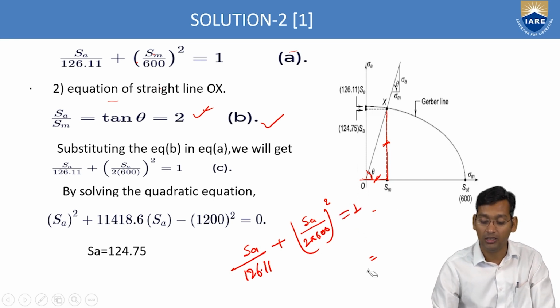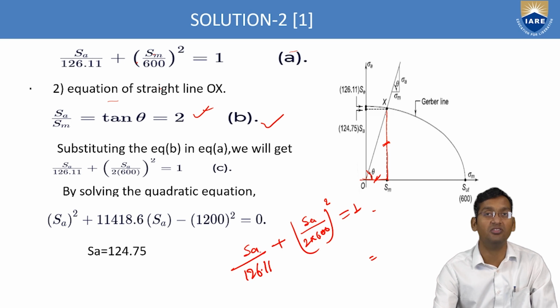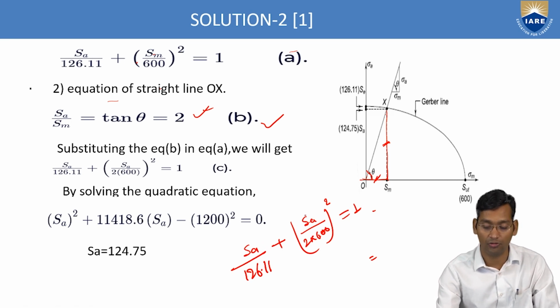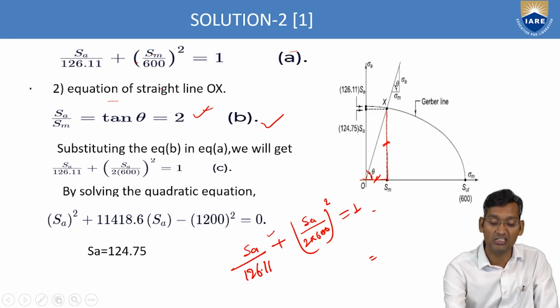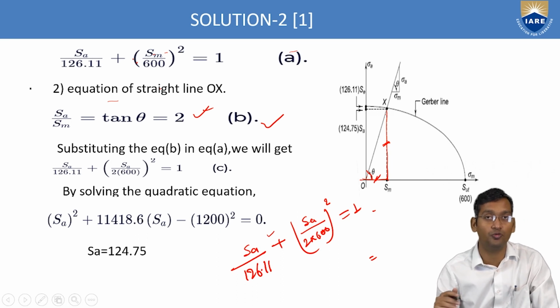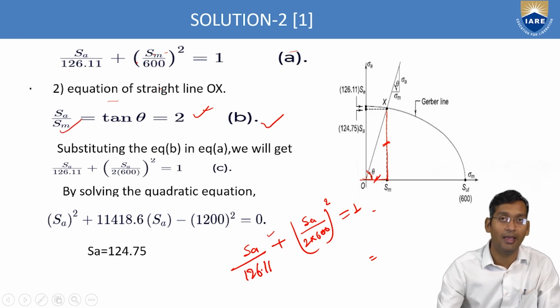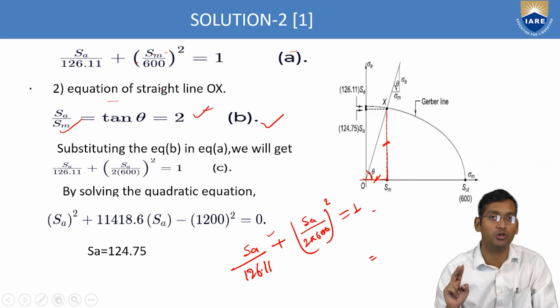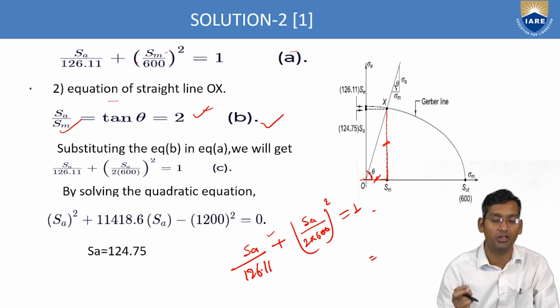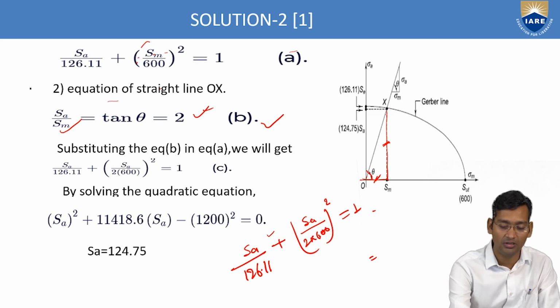Now just see why we did, because now only one variable is there, that SA. Right. So now we can find SA. If in this equation SA and SM both are variables, so for that only we found that equation SA by SM, another equation, because 2 unknowns, so these two equations is required. So another equation is what? SA by SM equals to 2, or you can say SM equals to SA by 2. So now replace SM here.